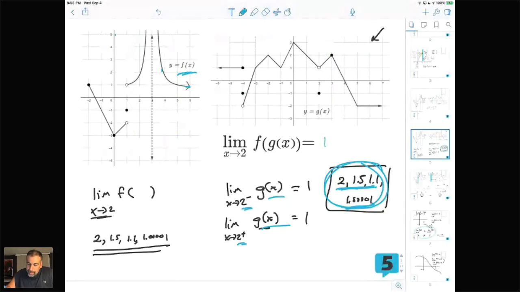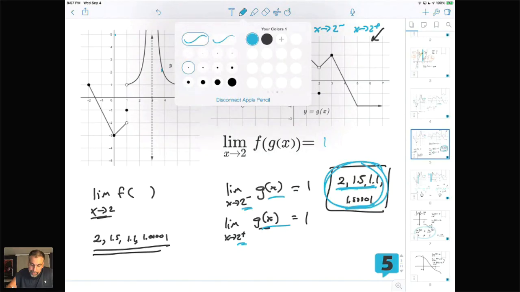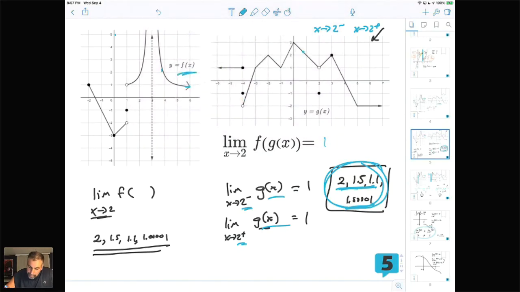It all comes down to, if we're approaching 2 from the left or the right, the idea of a limit is you never quite get there. The only reason we know there's a hole there is because we can see the exact situation at 2. The whole idea of a limit is I get closer and closer and closer, but I stop just short of this.